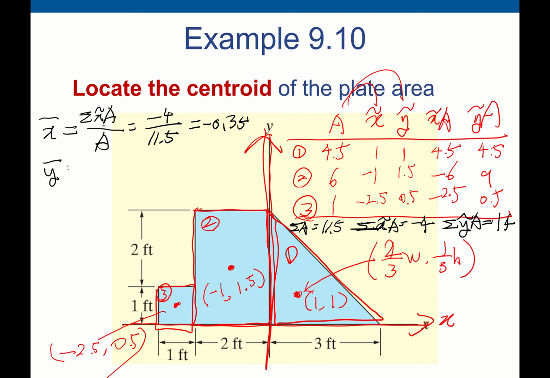Y bar is sigma y tilde A, the 14 over 11.5, this one should be 1.22. Since we know the unit, it should be feet.